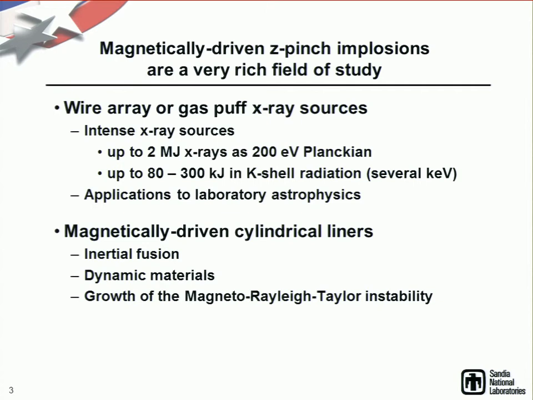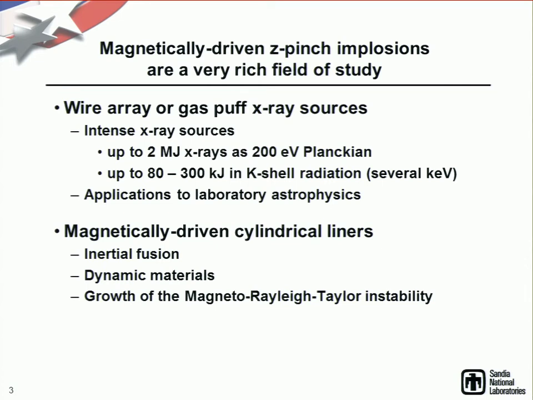People have used them in the past to create up to 2 megajoules of X-rays as a roughly 200 eV Planckian blackbody, or also as a K-shell radiation source with lower yields but higher energy, in the keV range. So you use this potentially to drive some sort of ICF fuel capsule, and the higher energy radiation you would use for some radiation effects experiments. And then there are also certain applications where you can do laboratory astrophysics on a machine like this.